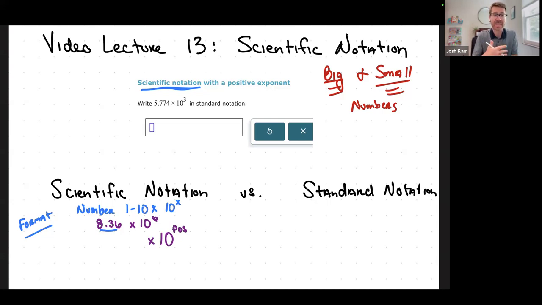We're multiplying by 10 6 times. Positive exponents mean repeated multiplication. So anytime you have a positive exponent, you're going to end up with a big number.